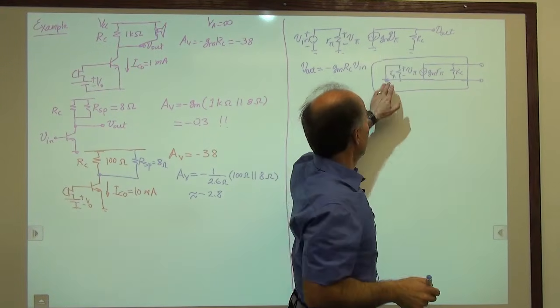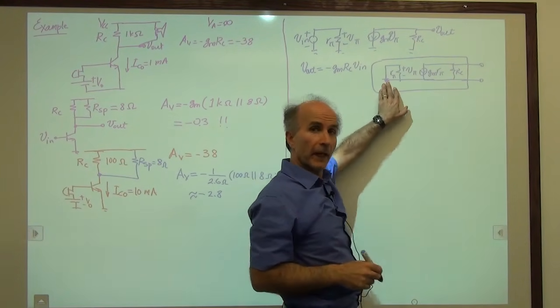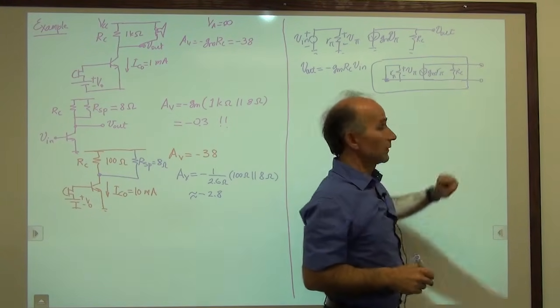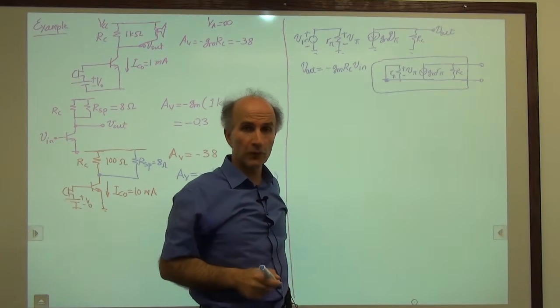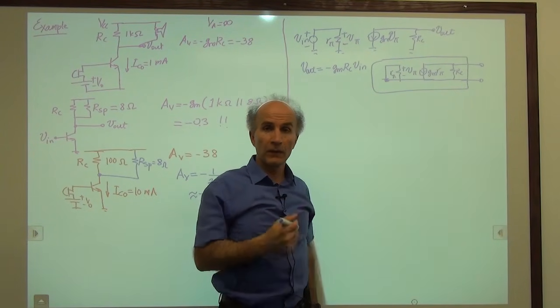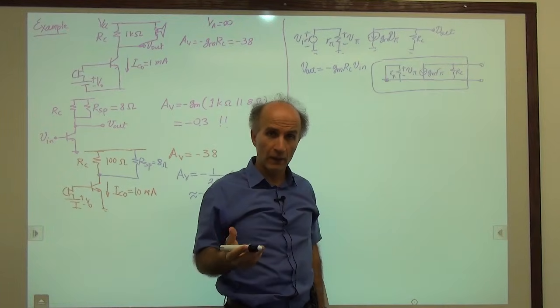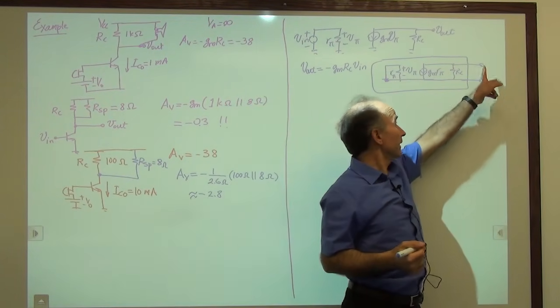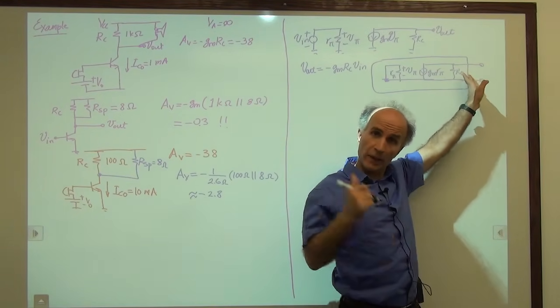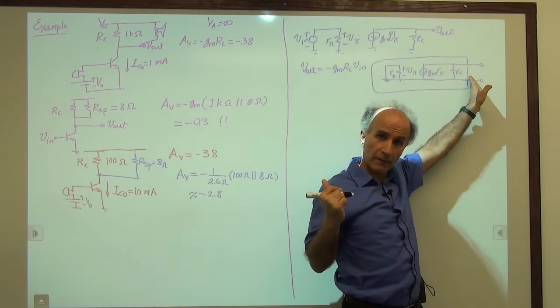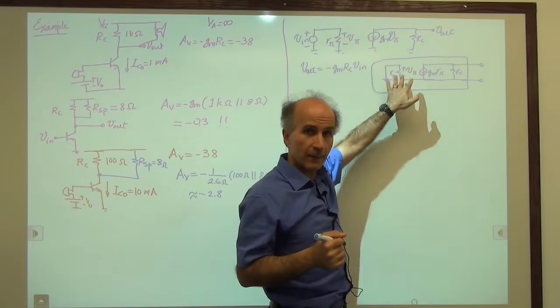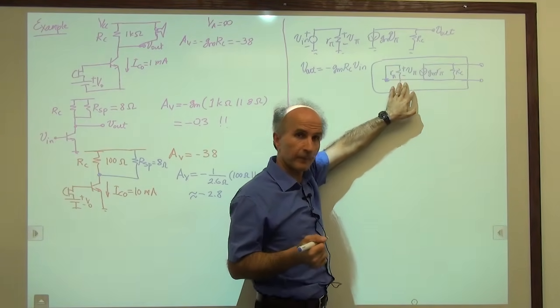We set all independent sources to 0, and we need to find the resistance between these two. How do we do that? Well, the formal procedure is to apply Vx and measure Ix, just as we did for the input impedance. But here it's actually quite simple. We don't even need to do that.